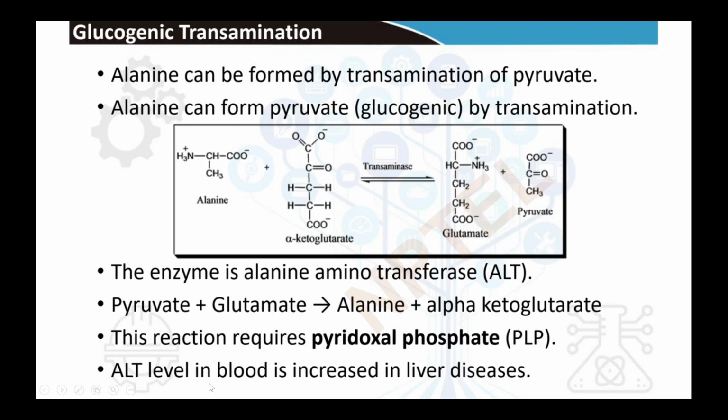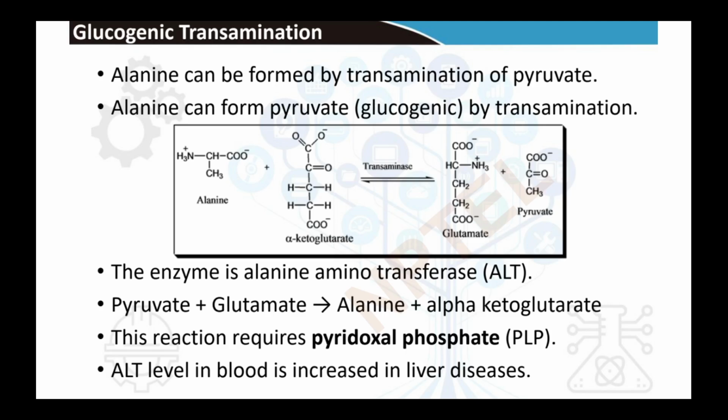And ALT levels in blood are increased in case of liver diseases. If you have ever gotten a blood test report, you might have seen ALT and AST levels mentioned, or SGPT, SGOT levels.